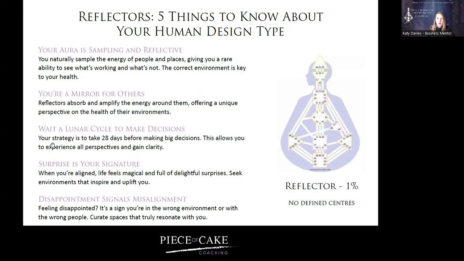So over that time, you've experienced all the different lenses to look at something through, as well as whatever's coming into the system. It might seem a little bit difficult to comprehend, but if you are making a really big decision, it is all about taking your time.